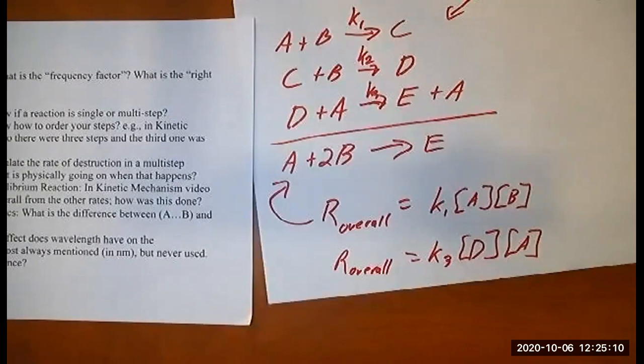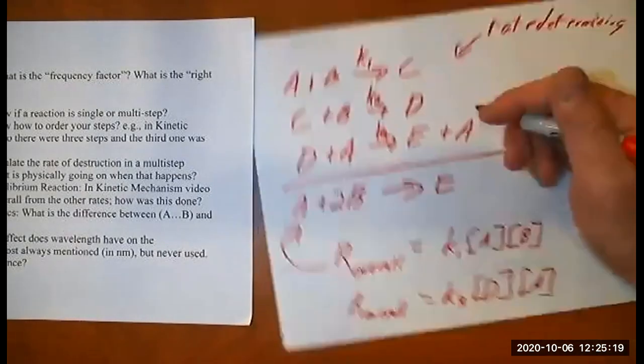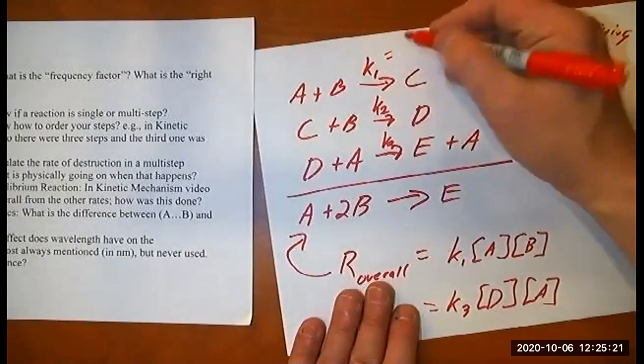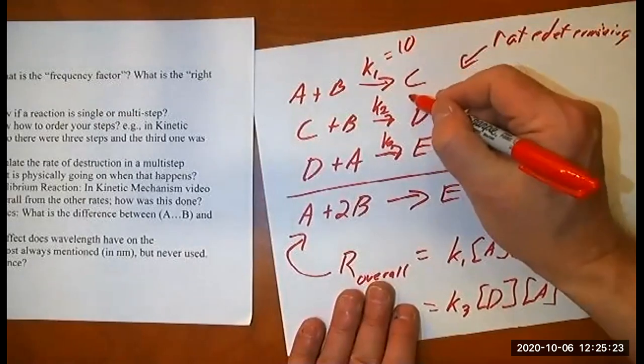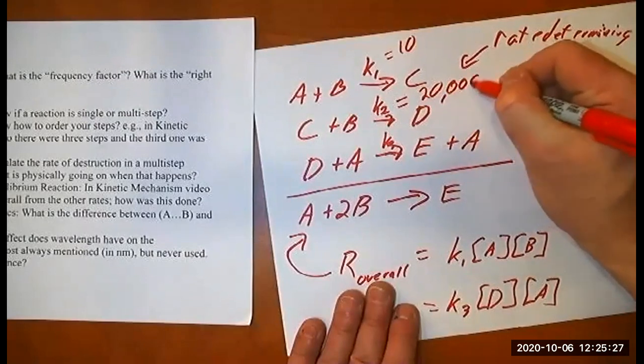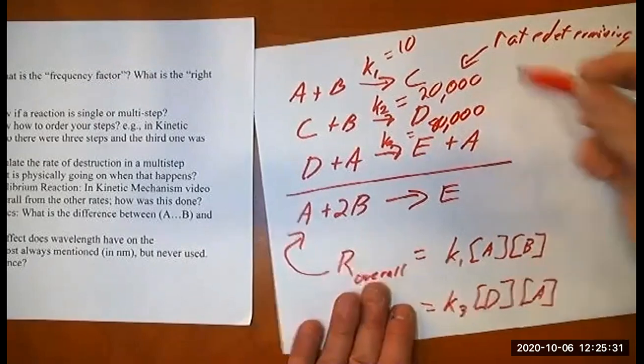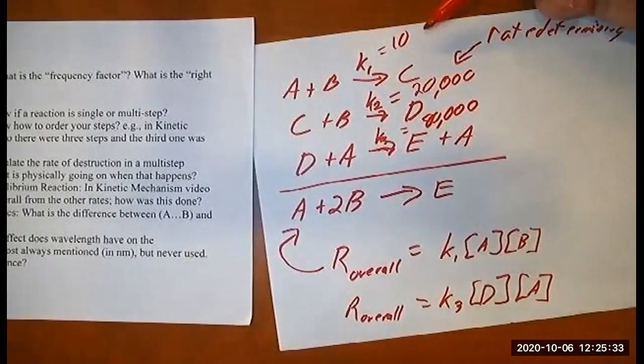You would have to be told things like which one is rate determining, or at least be told what the rate constants are that you're dealing with. So if this has a rate constant of 10, and this has a rate constant of 20,000, and this has a rate constant of 80,000, then this is the slowest one. So that has to be rate determining.